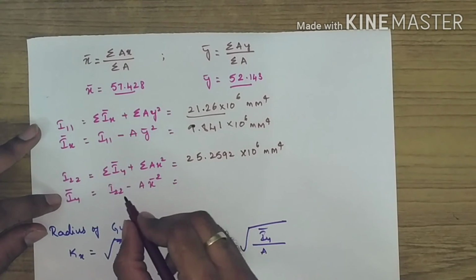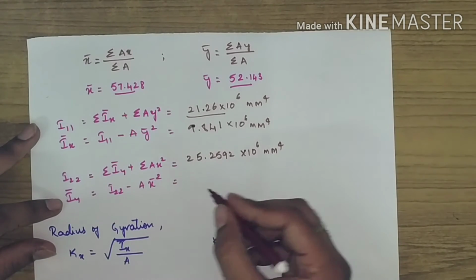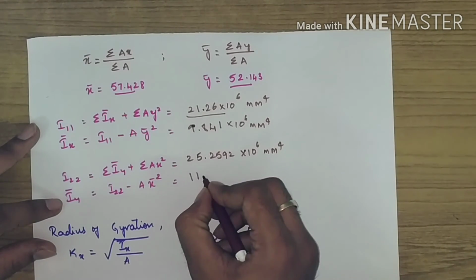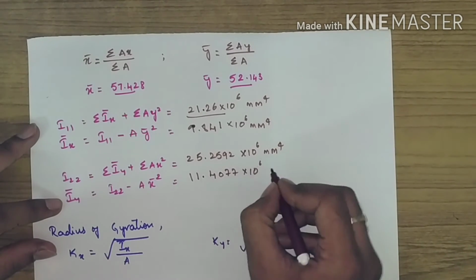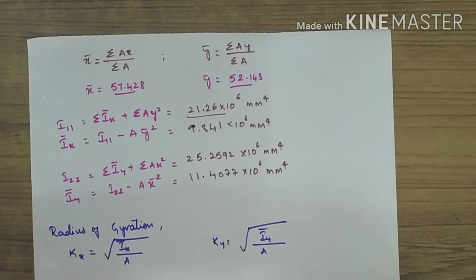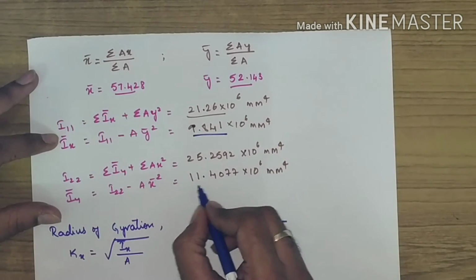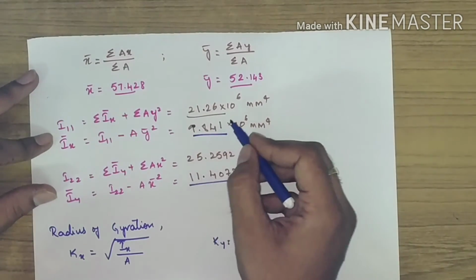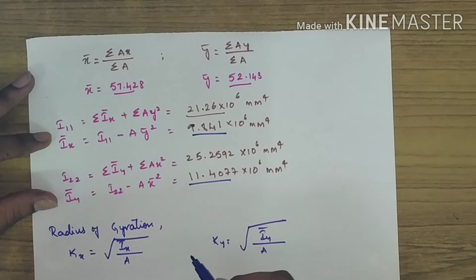And by using this I22 and x bar values, you will get iy bar as 11.4077 into 10 power 6 millimeter to the power of 4. Now we have computed the first part of the question, that is ix bar and iy bar, that is 9.841 and 11.4077 into 10 power 6 millimeter to the power of 4.